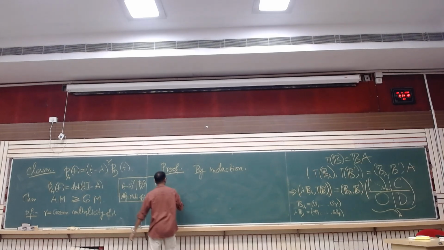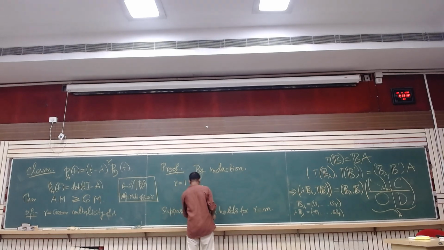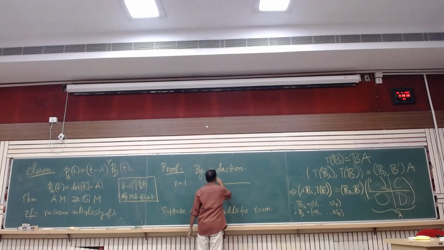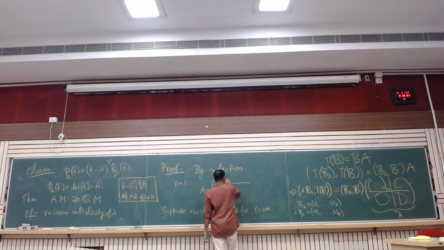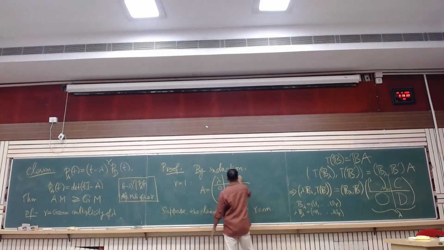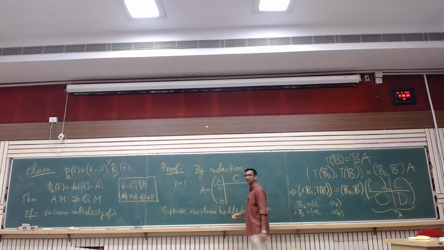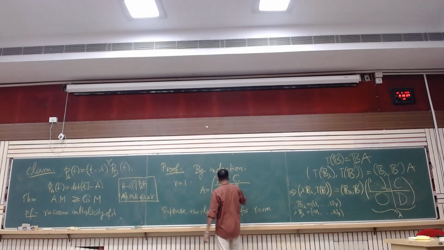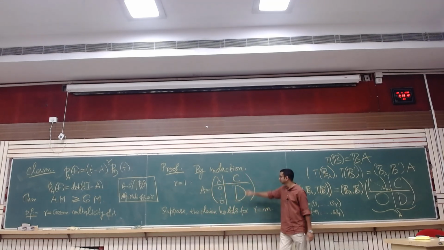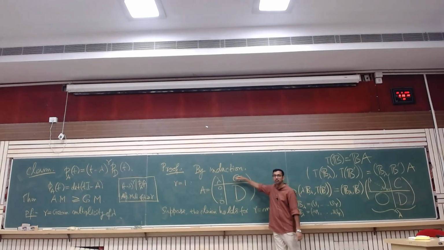Suppose r is equal to 1, the first case. And then A is of this form, lambda and all zeros here. And this is just a row. We should have ideally written r here instead of C because it's not a column but a row, but that's our convention. So let's still write C for this row and D for the rest of the matrix.